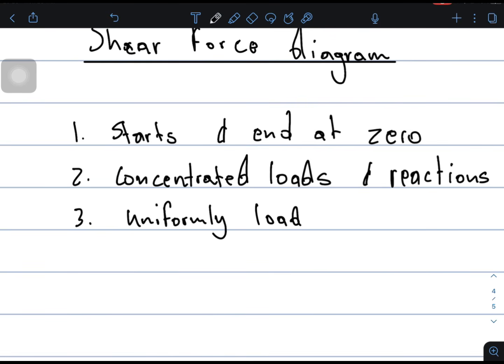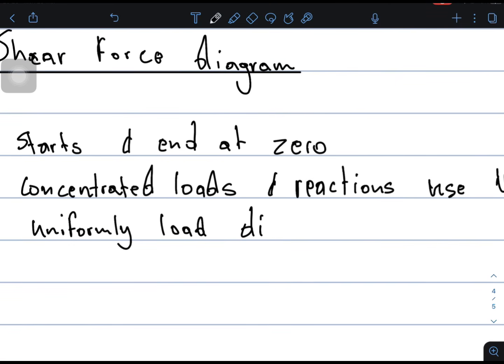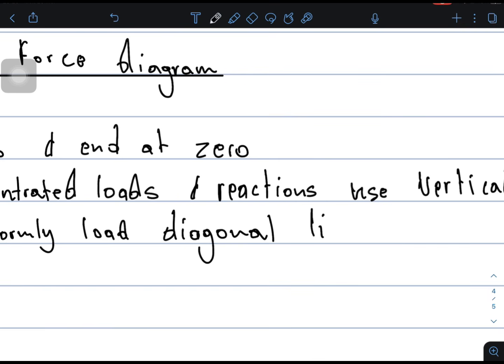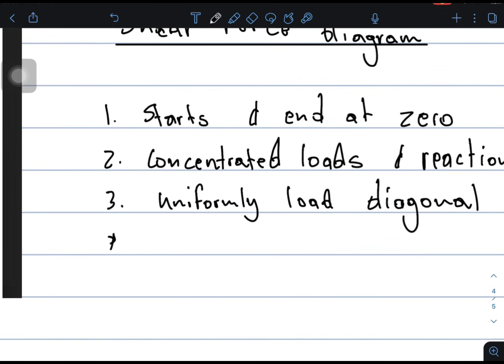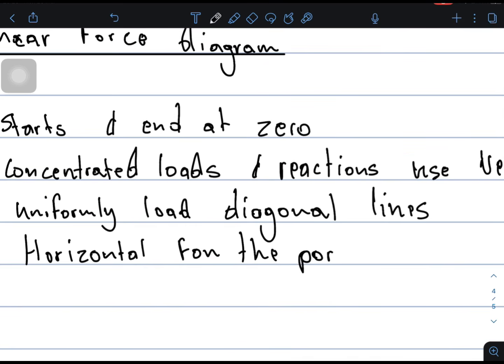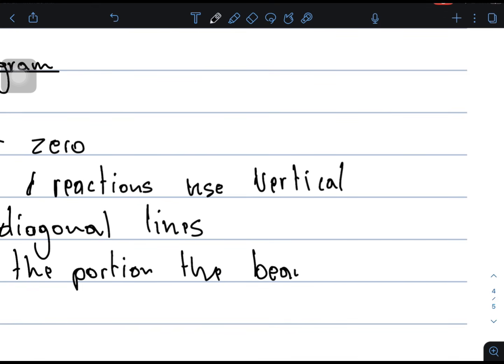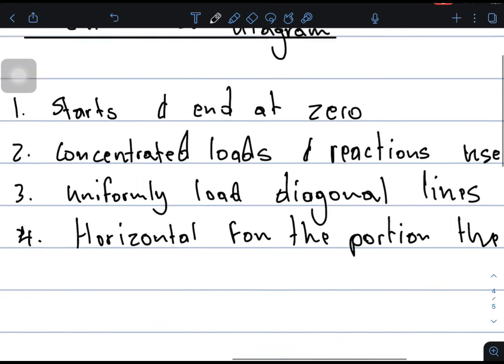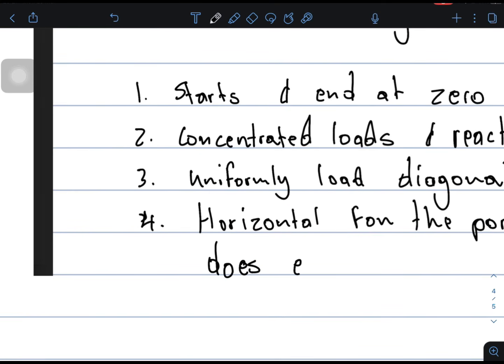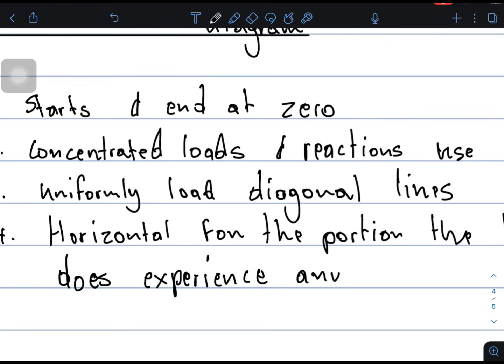Then number three, for a uniformly distributed load we use diagonal lines. Then we use horizontal lines for the portion of the beam that doesn't experience any force.